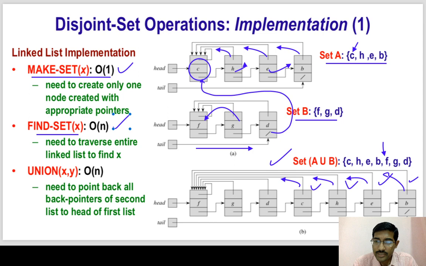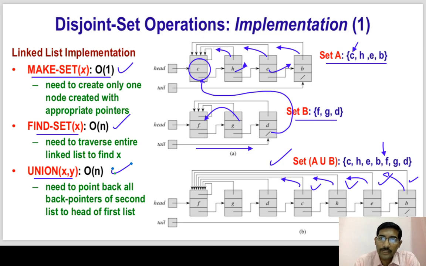Therefore, in the worst case, all or most of the elements that we joined have to be pointed back to F, and therefore union xy is order of n, because of those back pointers that we are putting back to the representative element F. So if we implement it using a singly linked list, these three operations are order of 1 for make set, order of n for find set, and order of n for union.